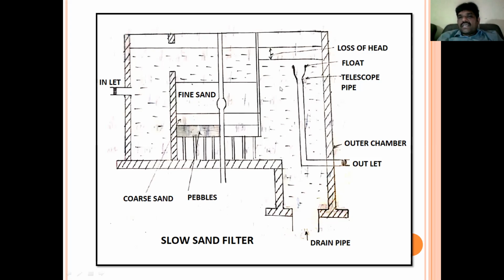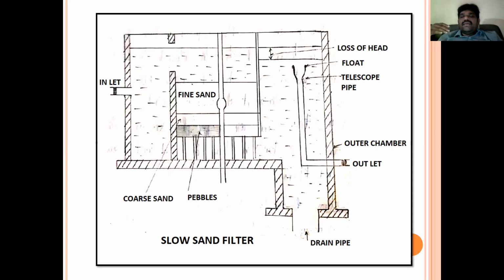In such a situation, obviously the loss of head will increase, which gives the information that sand has to be replaced. How much sand? The top 2 to 3 centimeters of the sand bed has to be removed using mechanical scrapers, cleaned, washed, dried, and replaced on the sand bed.